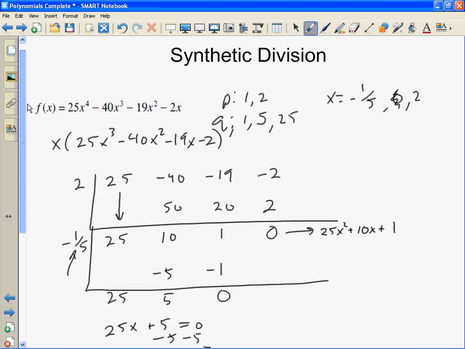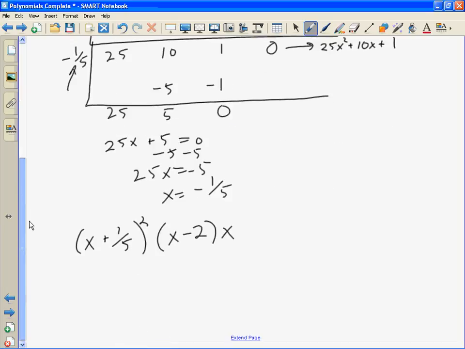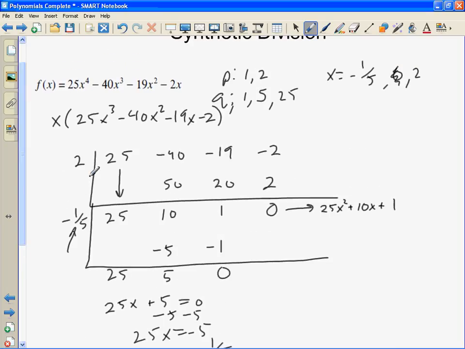So that's how synthetic division works, and you guys are welcome to use this whenever you want. The only problem with it is, it can only be used to take out factors like x plus some number or x minus some number. If I have 3x minus 7, I can't use synthetic division to divide that out unless I turn this into what it would represent as one of these.